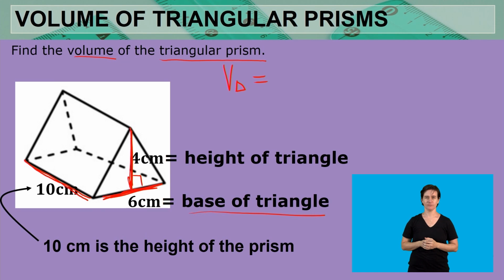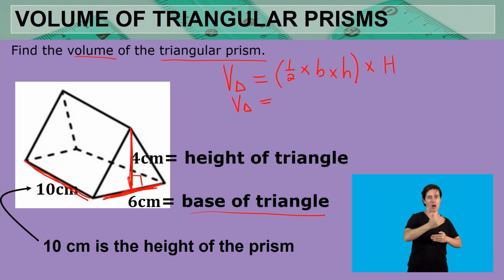Now the volume for this triangular prism, remember, is going to be 1/2 multiplied by the base multiplied by the height. And of course, that's just the area of the base. We are going to go ahead and again multiply it by the height of the prism. So when we are substituting the values there, that is going to be 1/2. We are going to now multiply that by 6 centimeters, and we are going to multiply that by 4 centimeters, which is the height of the base triangle.